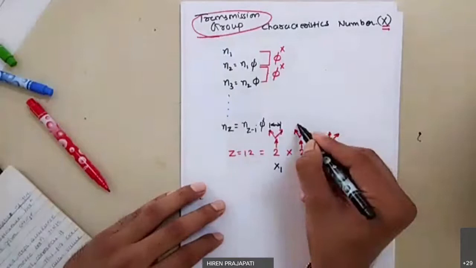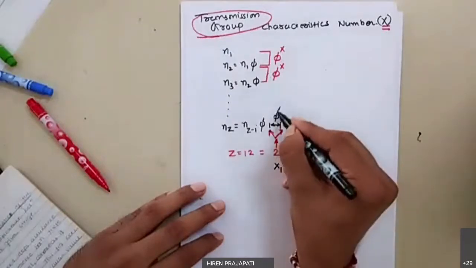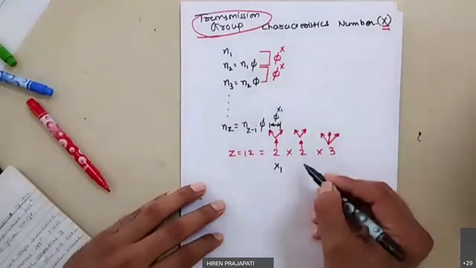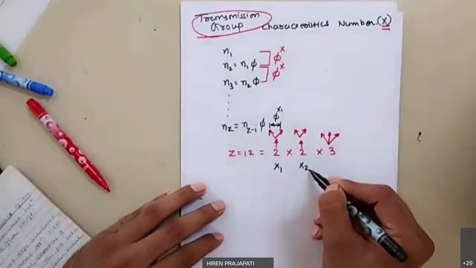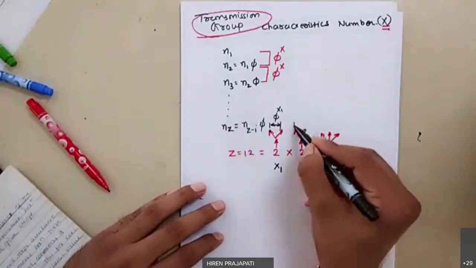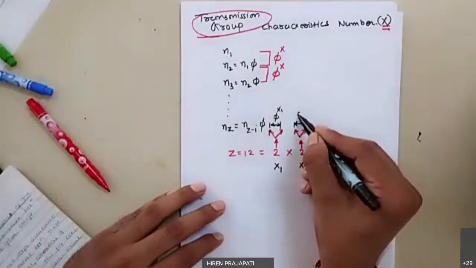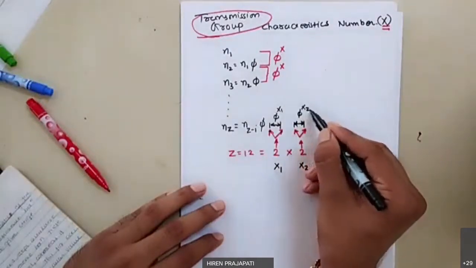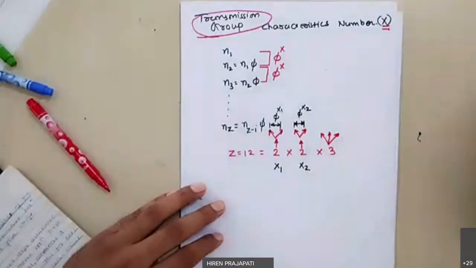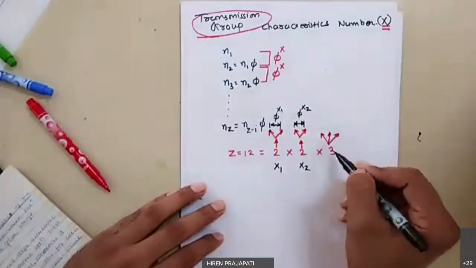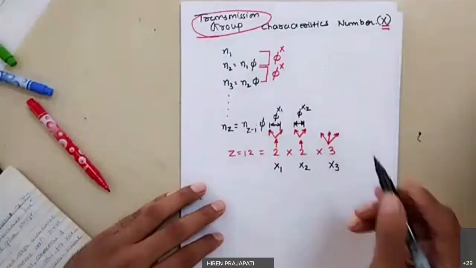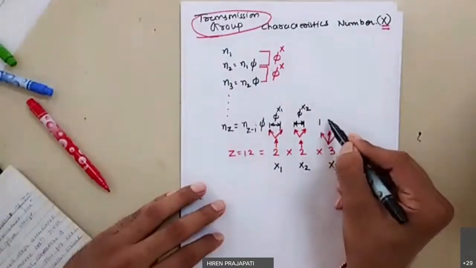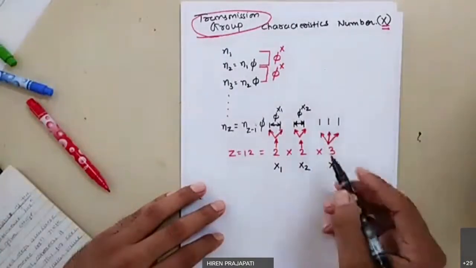So this will be phi to the x1. Similarly, for stage 2, again two different successive speeds, then what is the progression of phi? That is phi to the x2. Similarly, if you go to the third, then x3, and here we have three speeds.